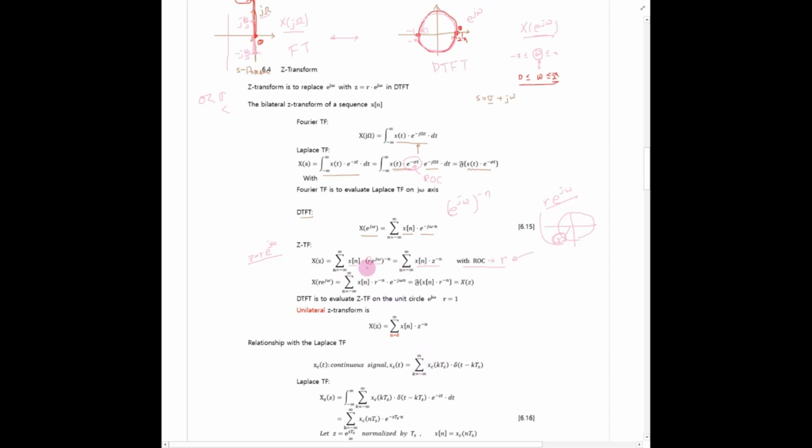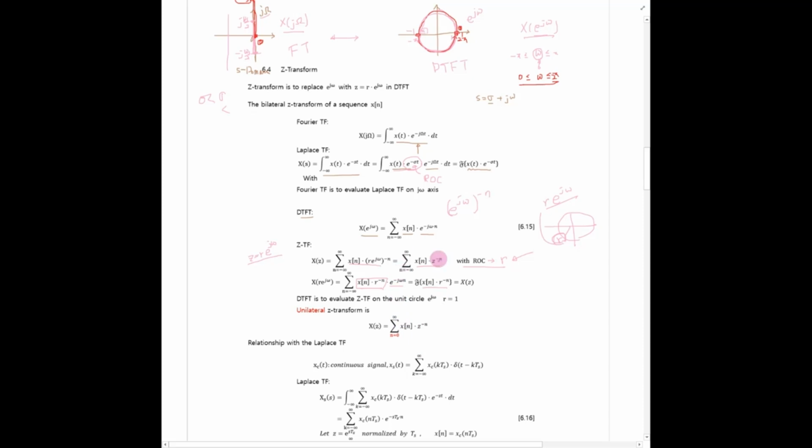Look at here, if we re-express this one in this way, R to the minus n is this part, and applying the minus n power to e to the j omega becomes this one. Then this is just the DTFT of this sequence.